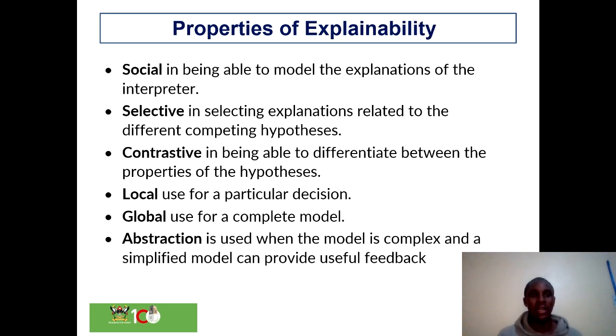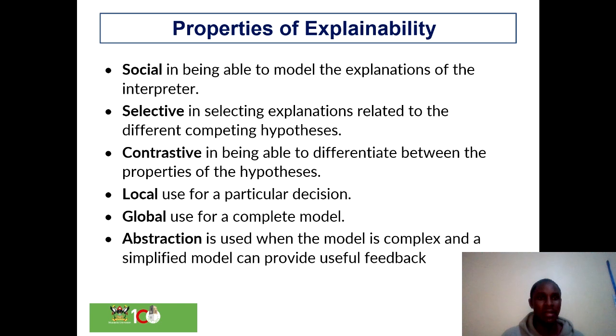So they went ahead and pointed out the properties of explainability, and these include it should be social in terms of being able to model explanations to the interpreter, and then it should be selective in terms of selecting appropriate explanations related to the different hypotheses, and then it should be contrastive in terms of being able to differentiate between the different hypotheses, and then it should be local in a sense that you should be able to evaluate a particular decision.